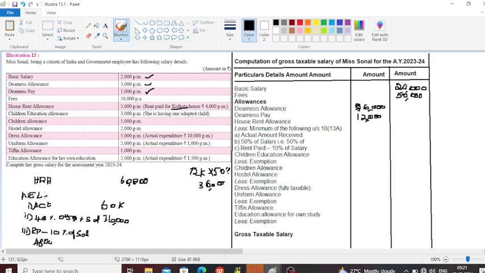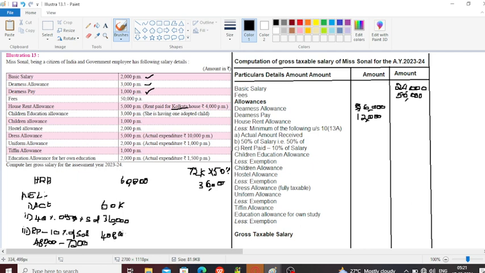48,000 minus 10 percentage of salary. Here 72,000 is the salary for the purpose of house rent allowance. If it is 72,000, what will be 10 percentage? That is nothing but 7,200. If you subtract from 48,000, we will get 40,800.